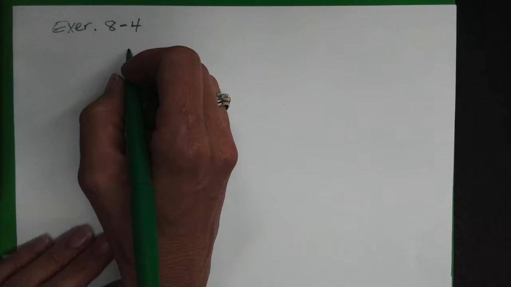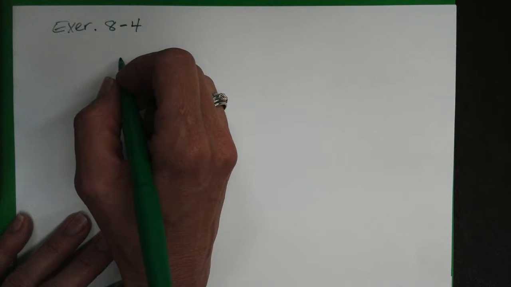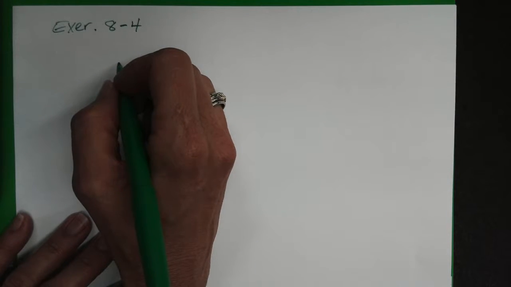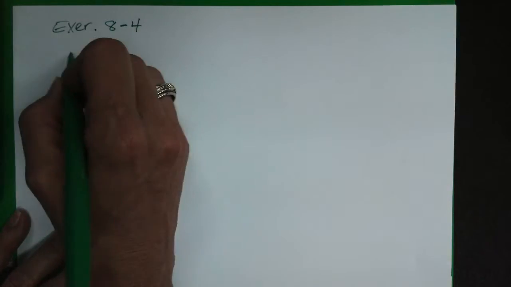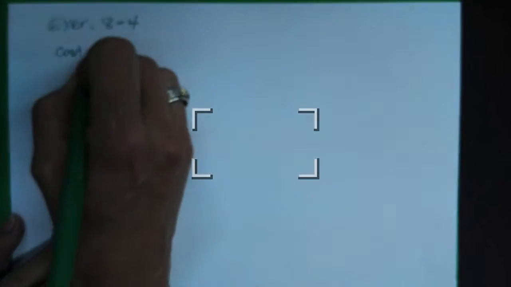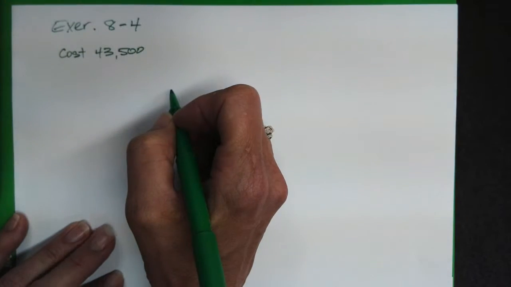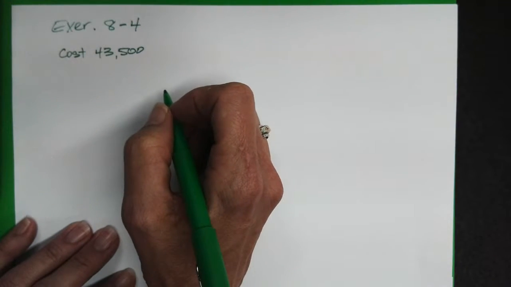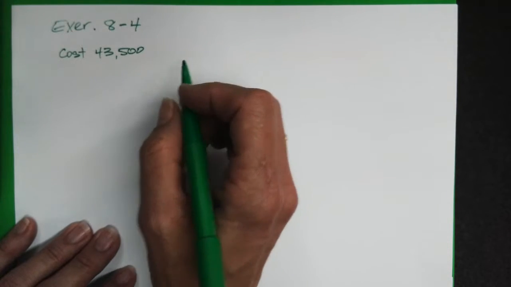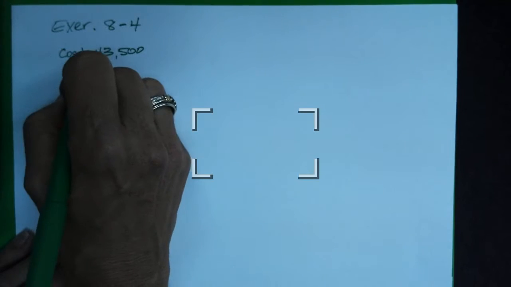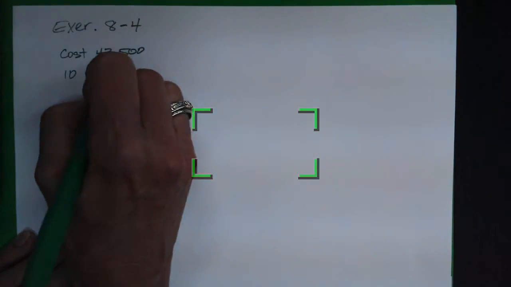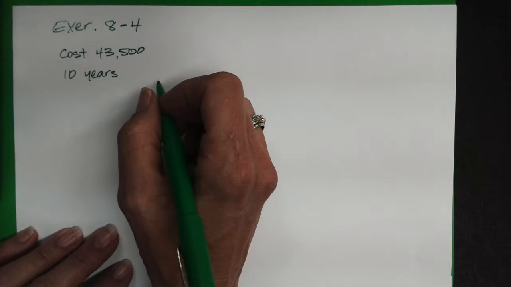Okay, so Ramirez Company installs a computerized manufacturing machine in its factory at the beginning of the year at a cost of $43,500. Okay, let's get that down. $43,500. The machine's useful life is estimated at 10 years, or 385 units of product.